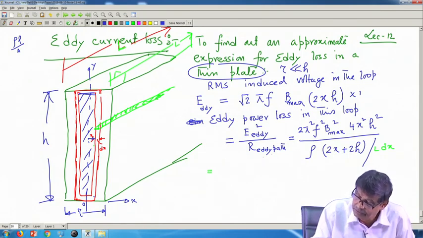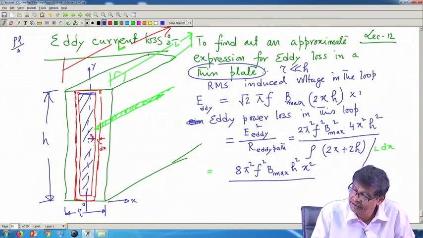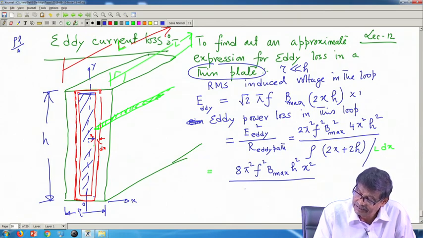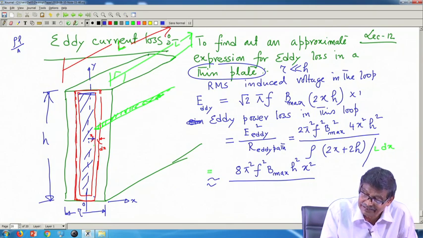It becomes 8 pi square f square B max square h square x square, divided by this, which is approximately 2x.